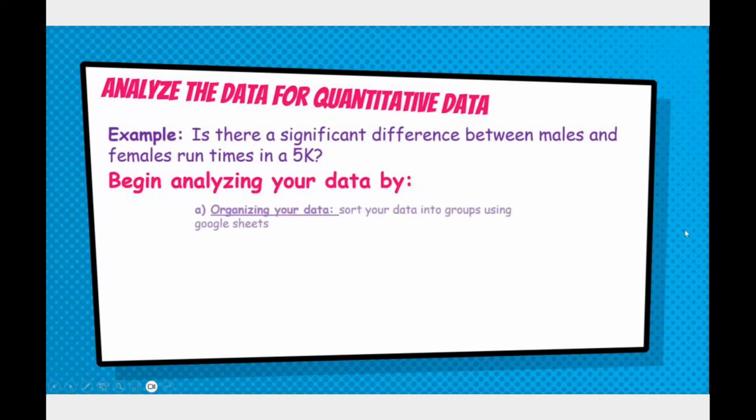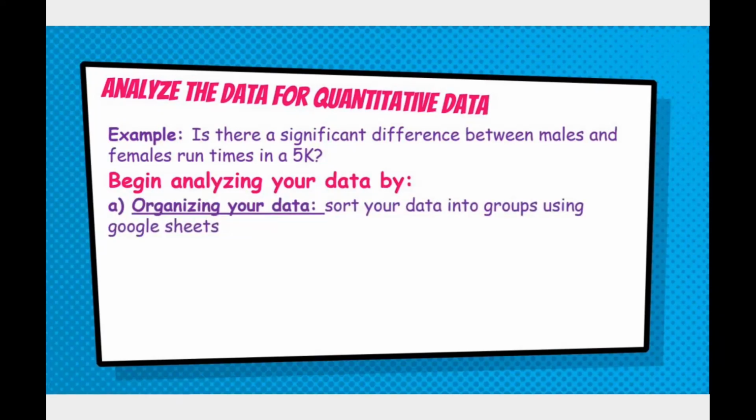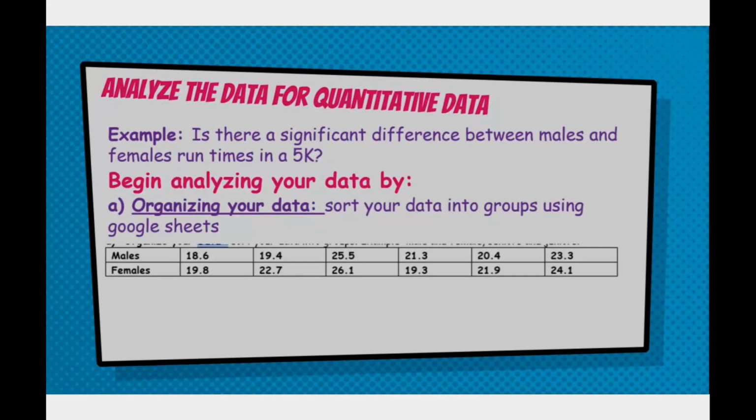So we're going to start by organizing our data, which means we want to sort our data into groups. In this case, we're going to sort them between males and females. This is just a generic example.